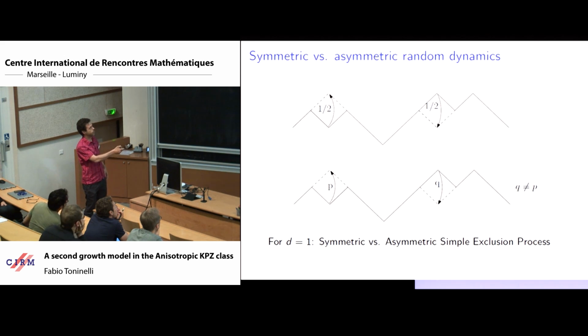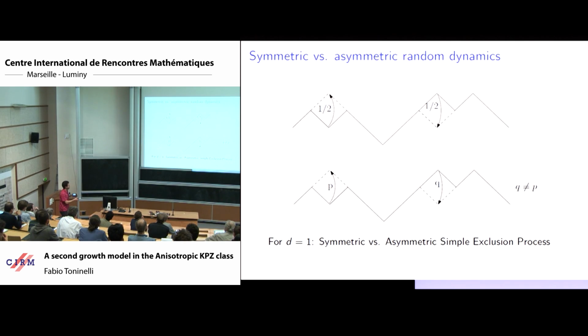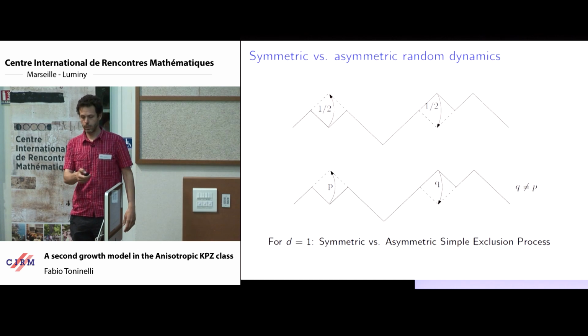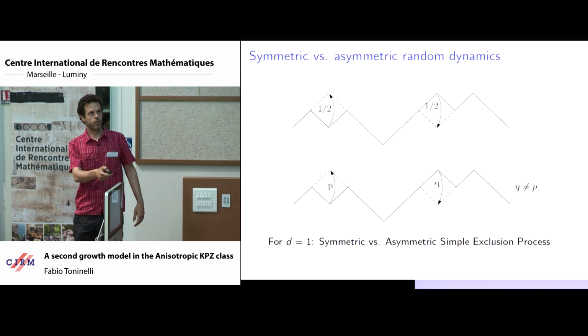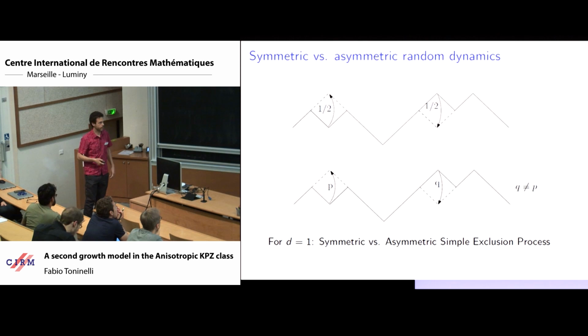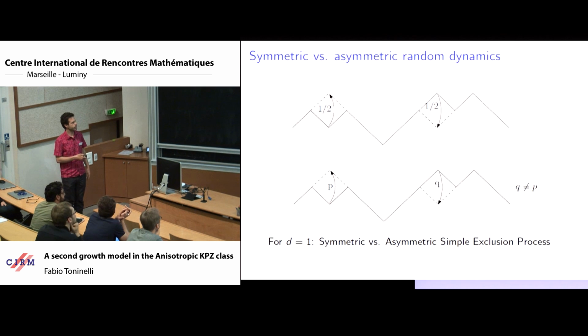Updates will consist of minima flipping to maxima or the other way around. According to whether you do this with equal rates or different rates, you will have the symmetric or asymmetric simple exclusion. In terms of interface, it's like you are depositing squares or evaporating squares with two different or equal rates. I hope everyone has seen these kinds of things before.